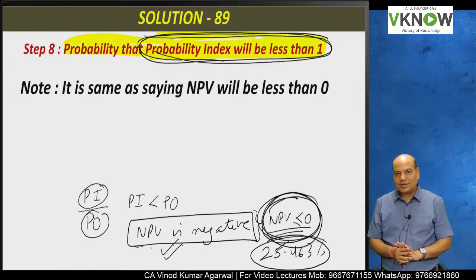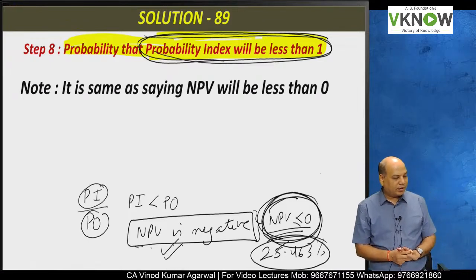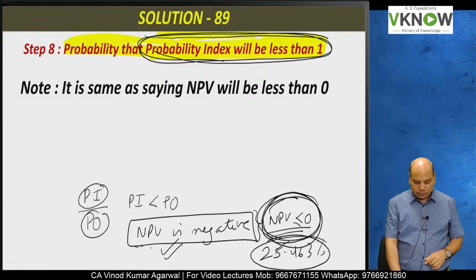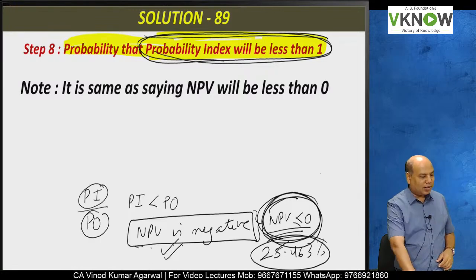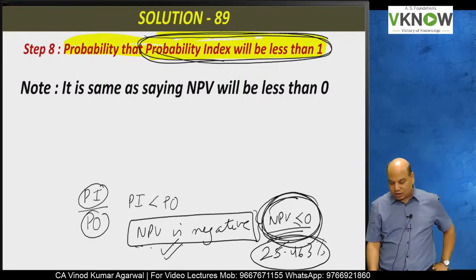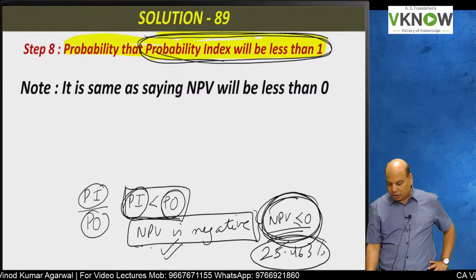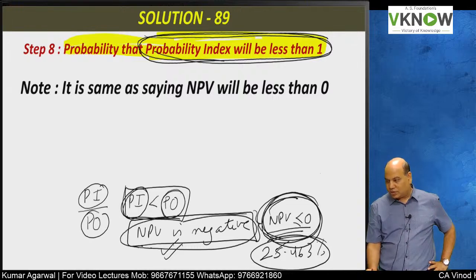It is same as saying NPV will be less than 0. I have proved it below. Profitability index is less than 1 means PV of inflow is less than PV of outflow, which means NPV is negative.